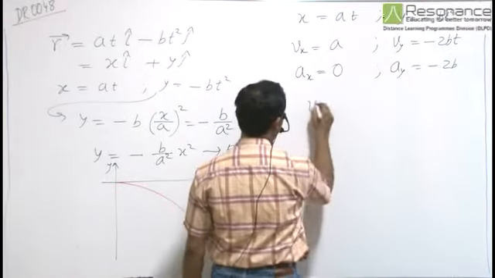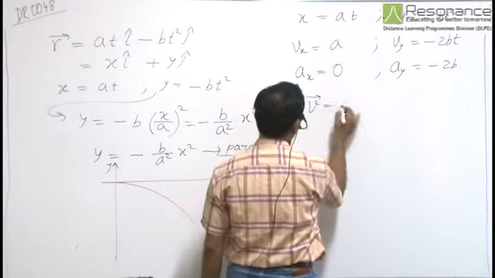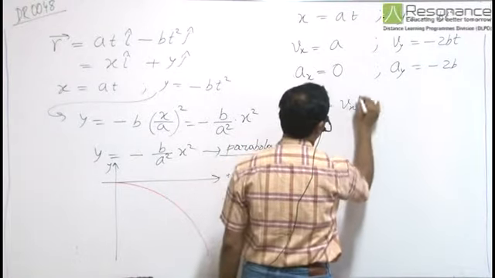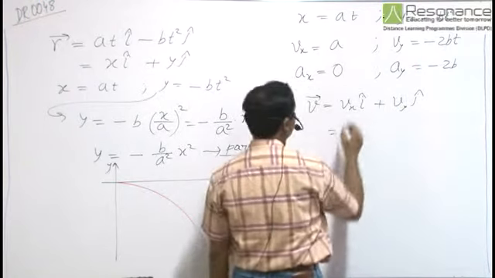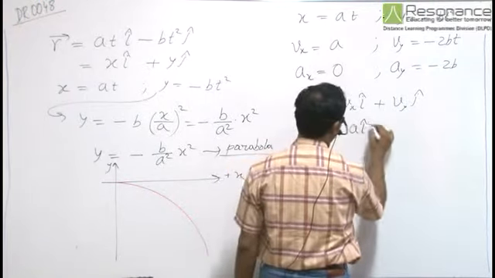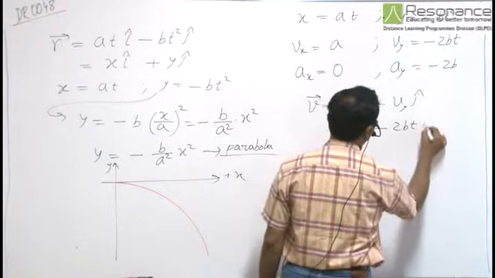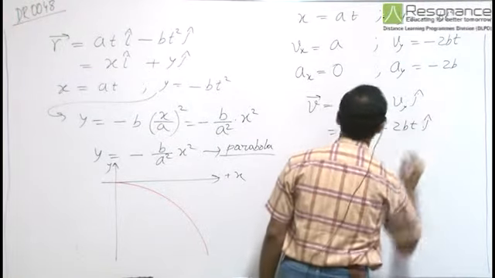So in vector form we have the velocity vector equal to vx i cap plus vy j cap, that is equal to a i cap minus 2bt j cap.